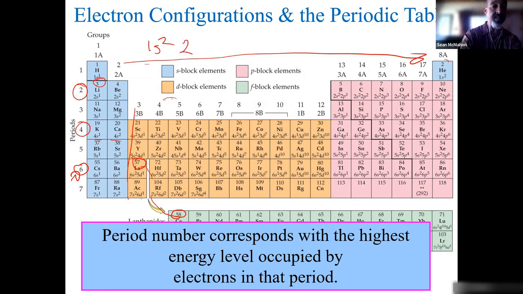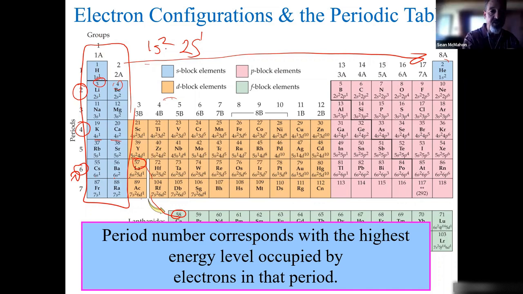I'm in this S area. So I'm in an S sublevel. And then I'm in position 1, group 1. So I have 1 electron in the second energy level in the S sublevel. Beryllium has 4 electrons. So where do they go?